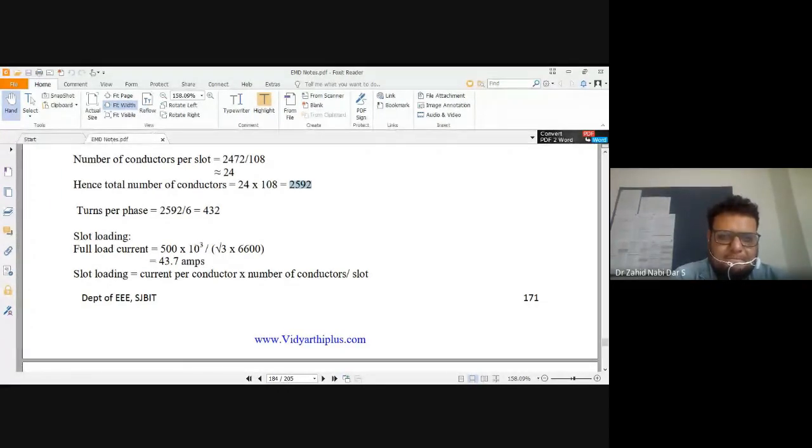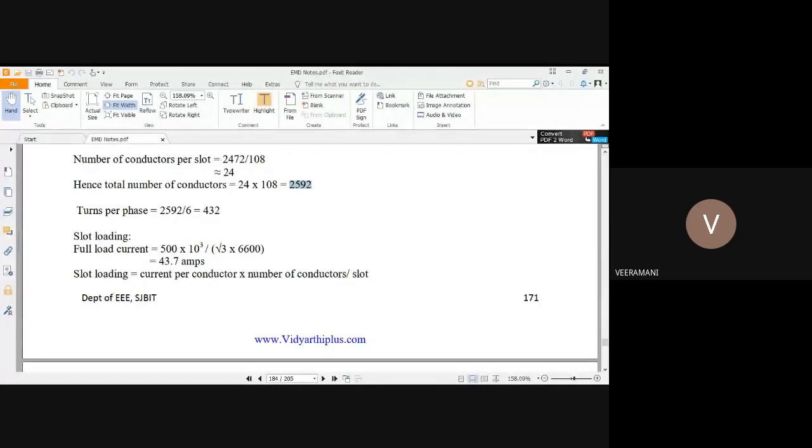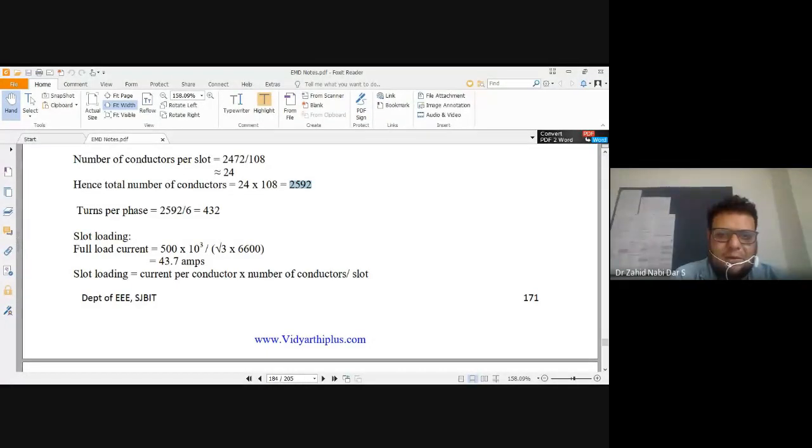The main thing: the number of poles is always even. Have you heard of a seven pole machine, five pole machine, three pole machine? No, sir. So how can you keep 23 conductors per slot? You have to keep it inside the poles only.